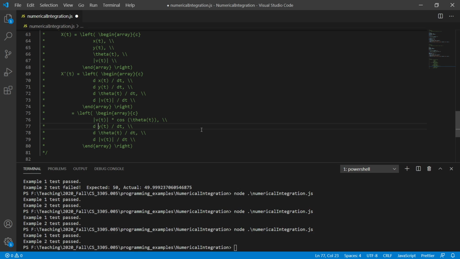So it's the same way that we used to compute the initial velocity, but now we're just computing it differently, and it changes with time. The y velocity is the same thing, but with sine.